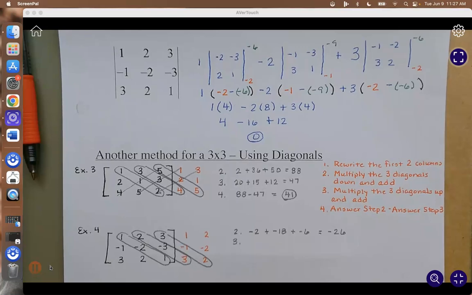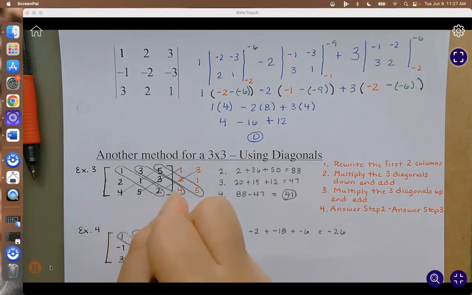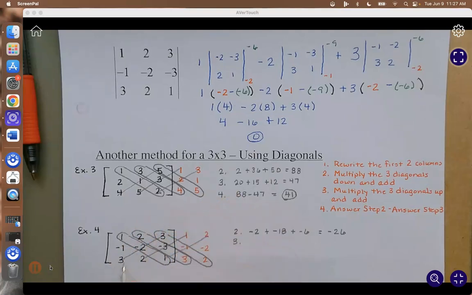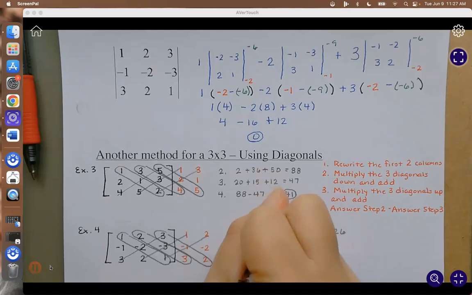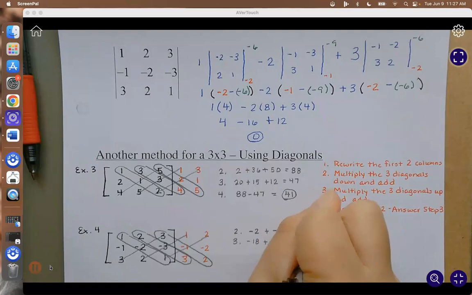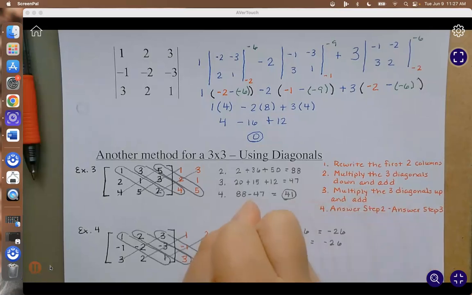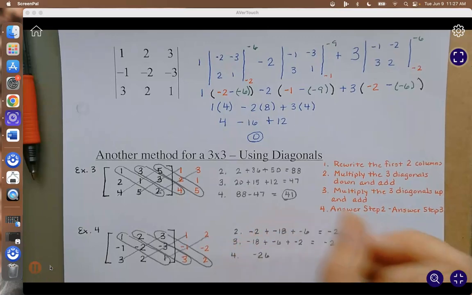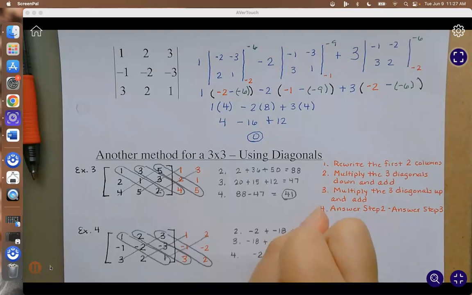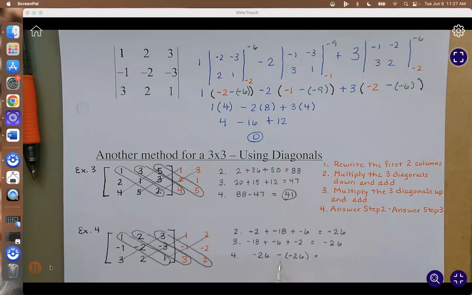Step 3, go up. So this is -18, -6, -2. So this is -26. So step 4 is to take the answer to step 1 minus the answer to step 2. Remember, that becomes a positive. These are opposites, so the answer is 0.